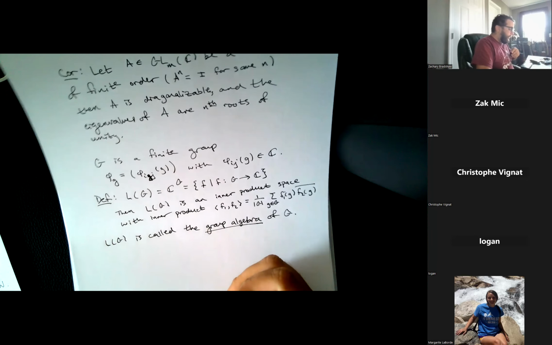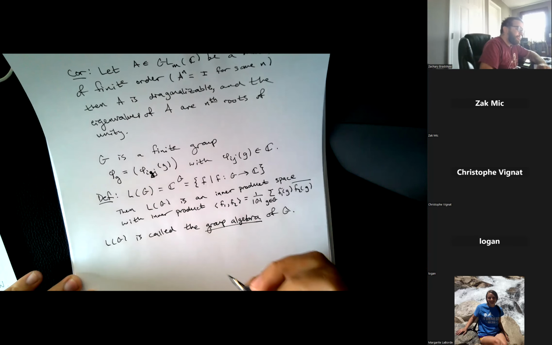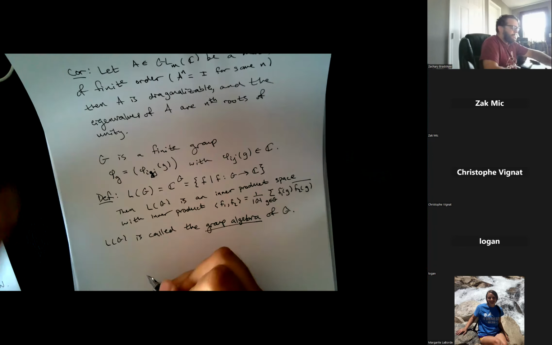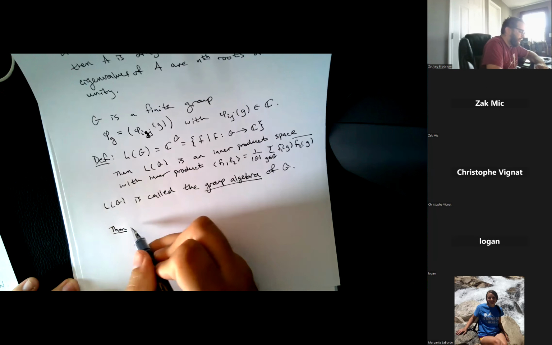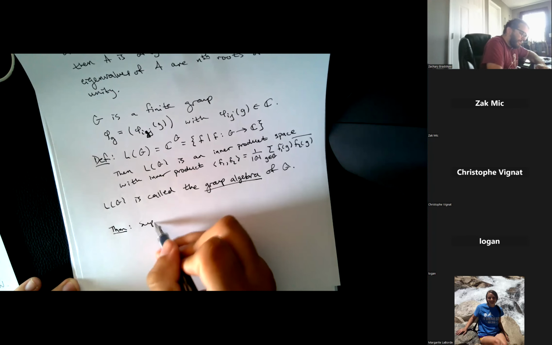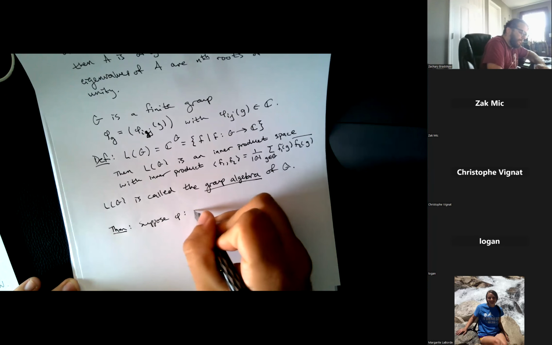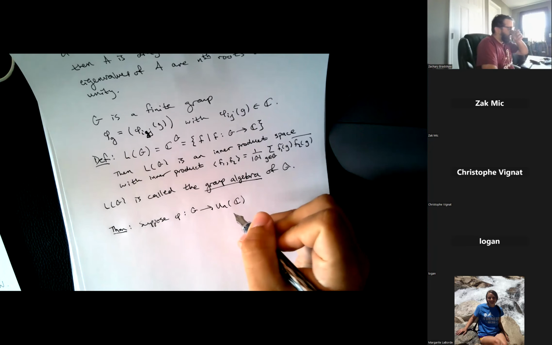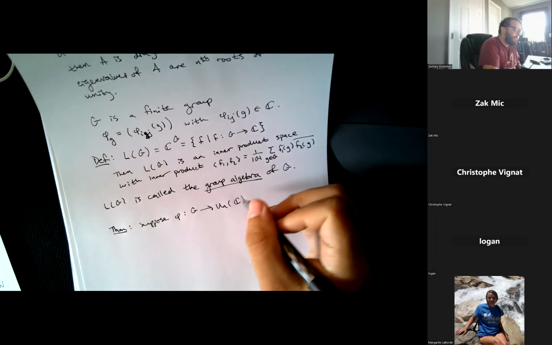Okay. So our next big goal before we end the session is going to be to prove what's called Schur's orthogonality relations. So let me just write it down so you know what we're working towards. We're working towards the following theorem. Suppose phi is not just a representation, but a unitary representation. So that means phi g is unitary for all g.